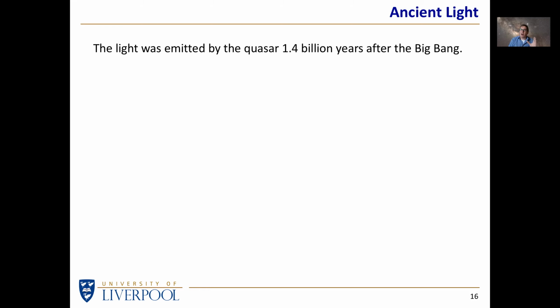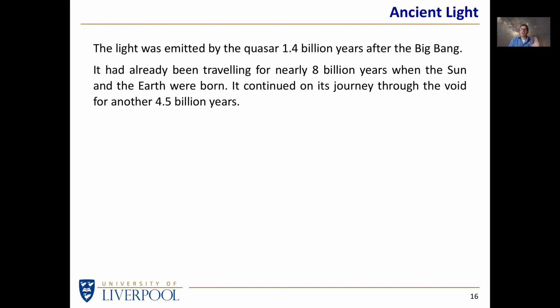For more than half of its journey, the sun and the earth didn't even exist. For the first 8 billion years of its journey, the sun and the earth didn't exist. So after 8 billion years, the sun and the earth were born. And it continued its journey for another 4.5 billion years.